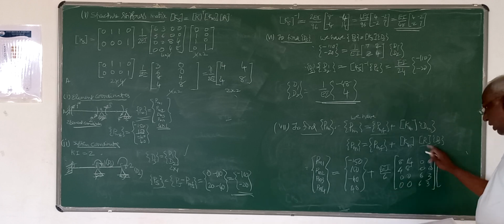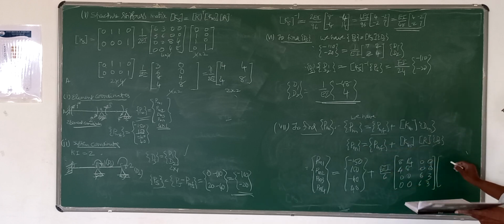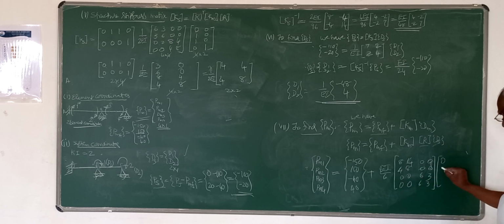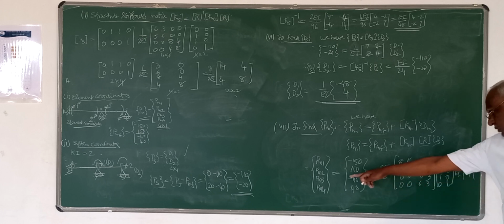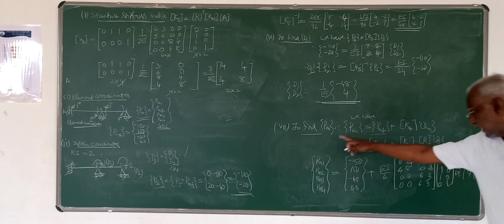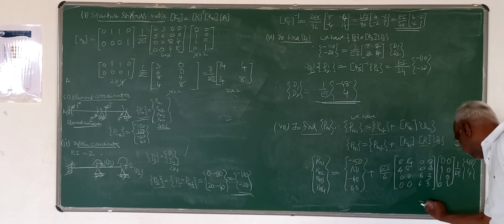Multiplied by R, which we have also generated, that is 0, 1, 1, 0, 0, 0, 1, and D you have determined, that is 1 over EI, then minus 48, 4. So if you simplify this, you will get this Pm.